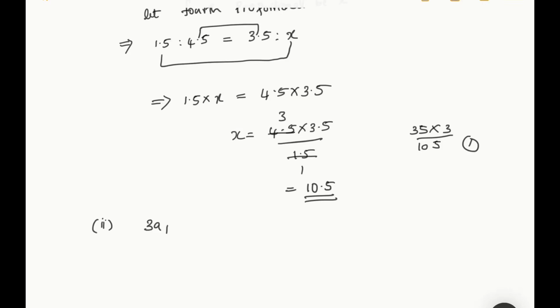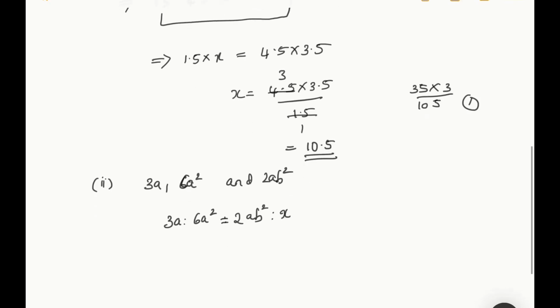3a, 6a square and 2ab square. 3a is to 6a square equals 2ab square is to x. So I am considering the fourth proportional as x again.